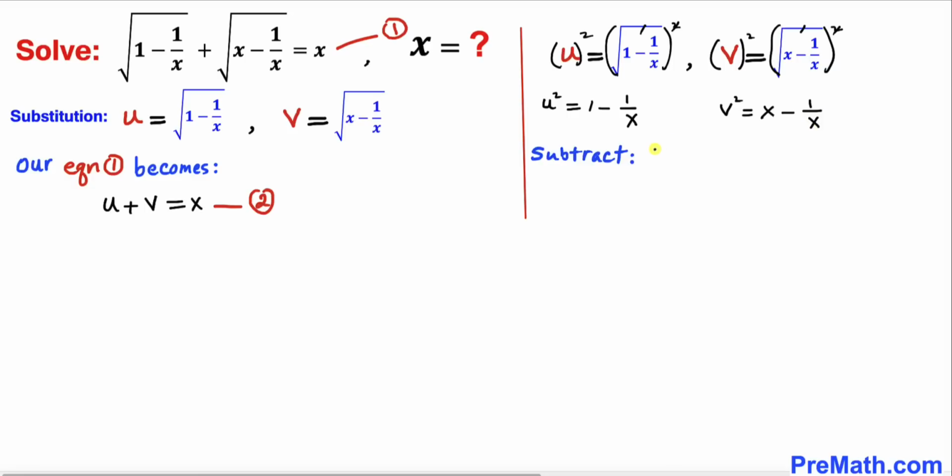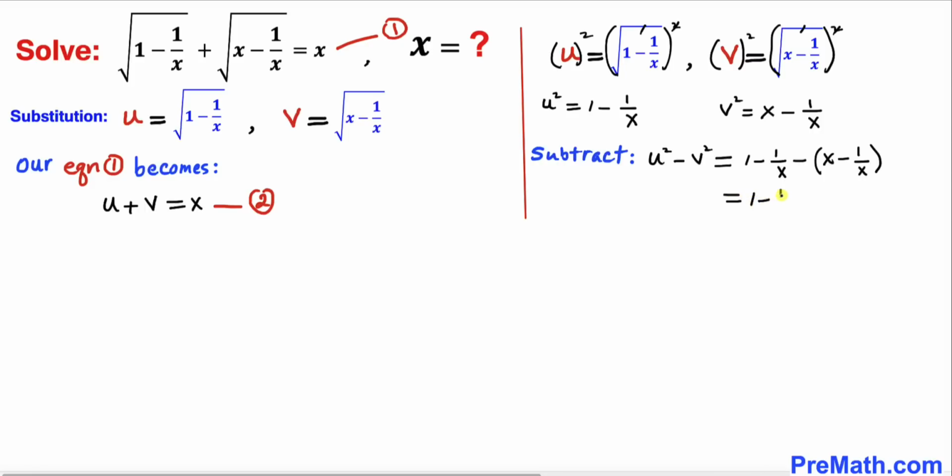Now let's subtract. I can write u square minus v square, which is equal to 1 minus 1 divided by x minus x minus 1 divided by x. Let's simplify furthermore.